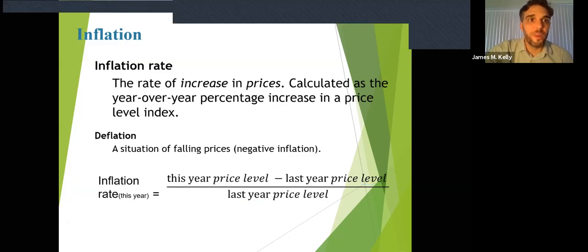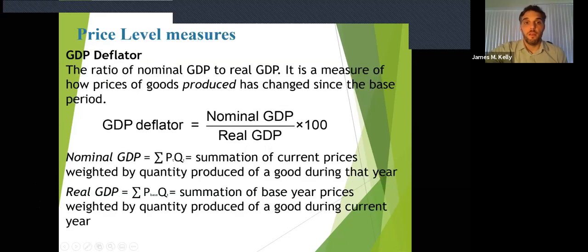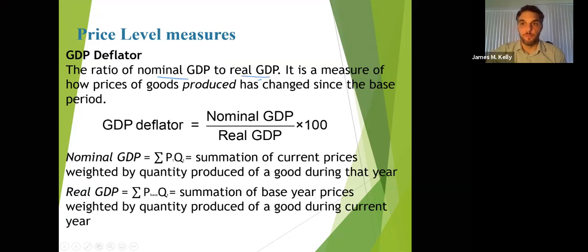So before we can find the growth rate in the price level, we have to understand how to calculate the price level. Again, we have two different ways of doing that: the GDP deflator and the consumer price index. We'll talk about the GDP deflator first. The GDP deflator is just the ratio between nominal and real GDP for a particular year.